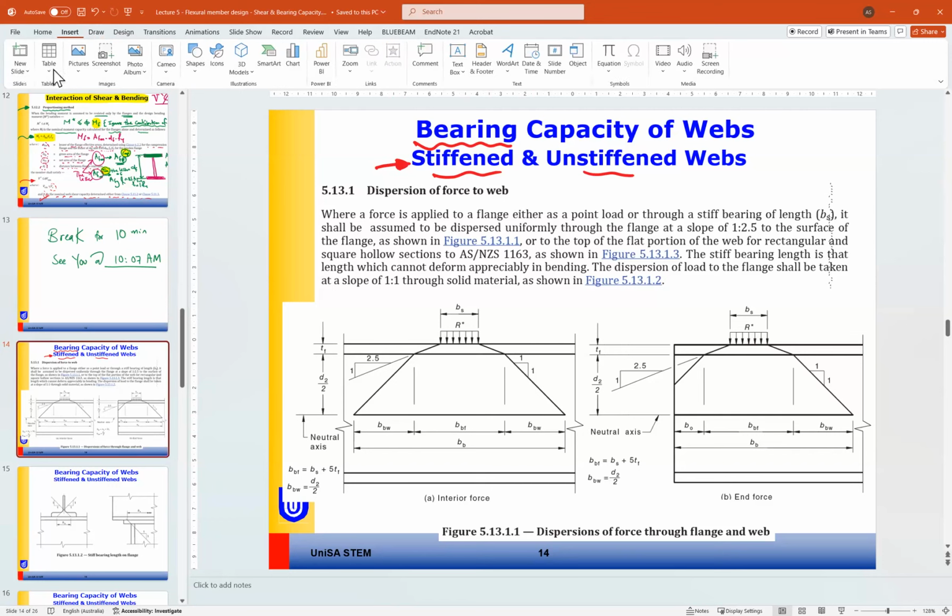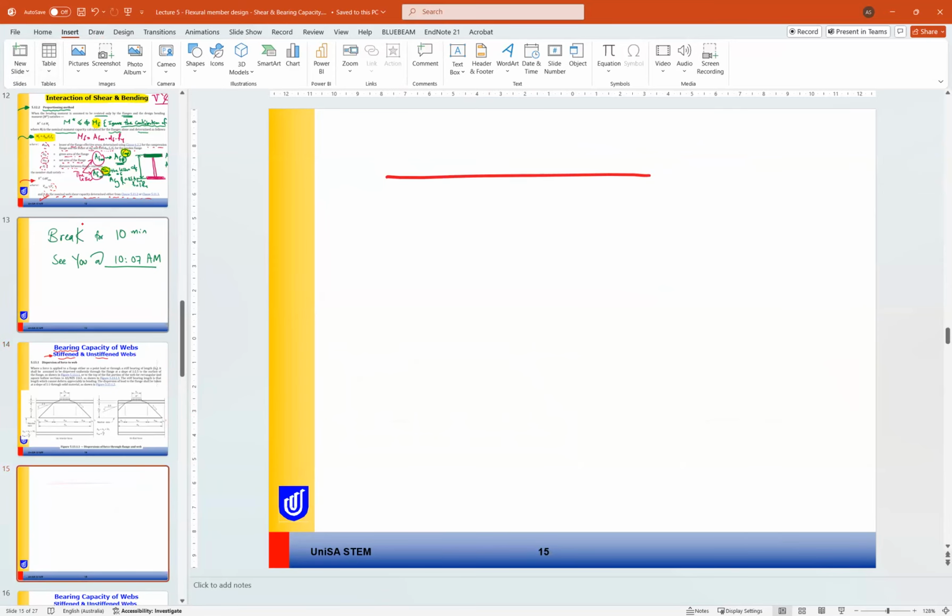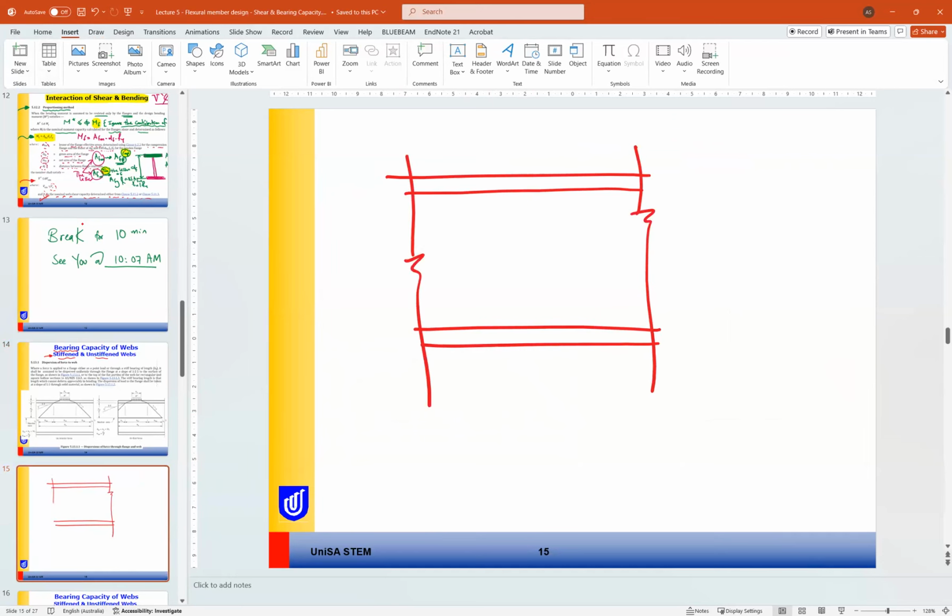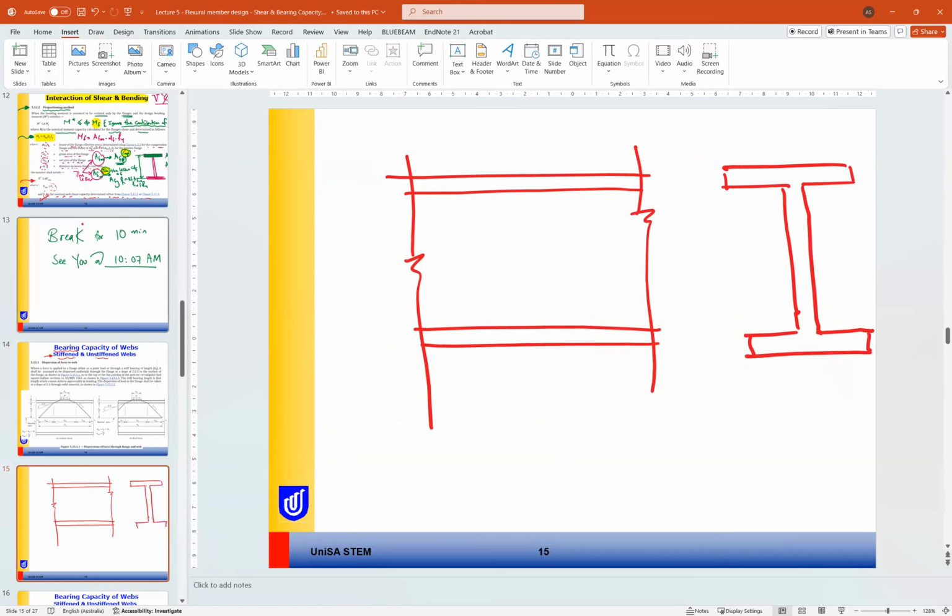so let's add a new slide. If we have a side elevation of the section, of our cross section, and this is the elevation itself, we have load applied to the flange.